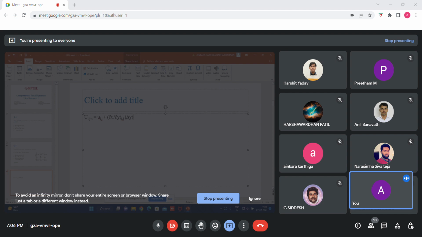Delta y plus the same thing will come with delta y square and so on.